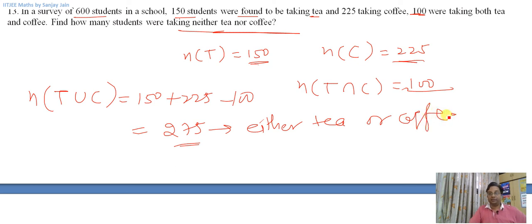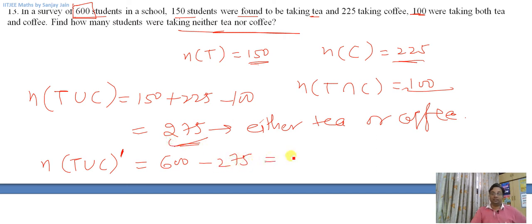And what is the total universe? What are the total students in this survey? 600 students. So the students who take neither tea nor coffee will be the complement of this set. That means 600 minus 275, that is 325 such students who take neither tea nor coffee.